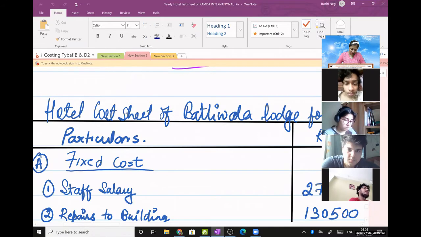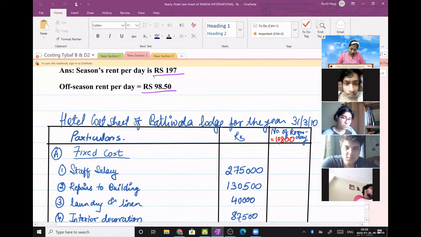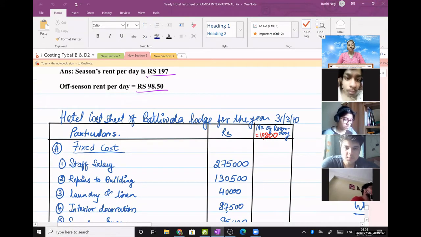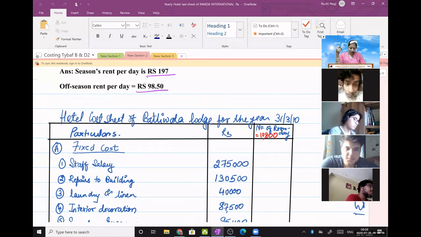So start. Make a hotel cost sheet. Write down: hotel cost sheet of Batliwala Lodge for the year ended 31st March 2010.